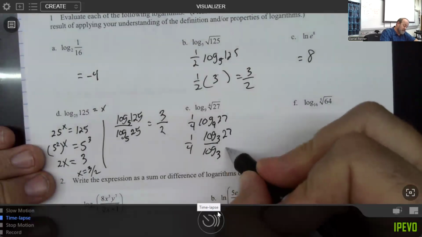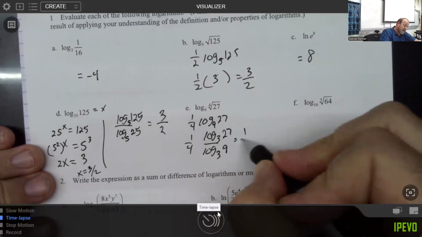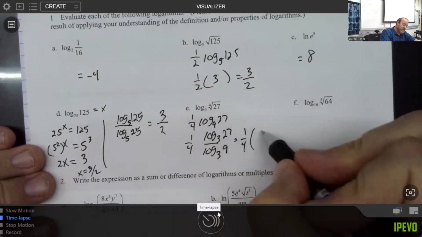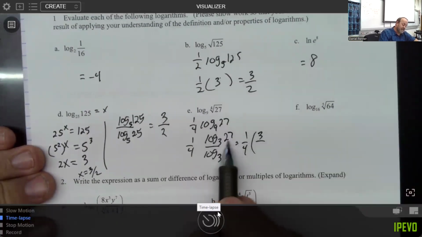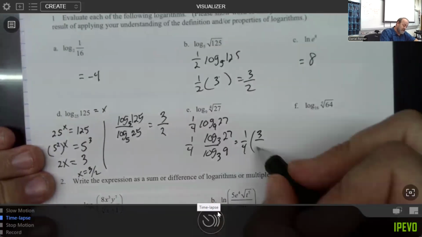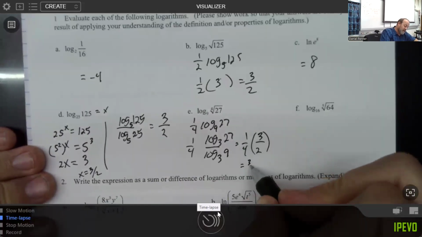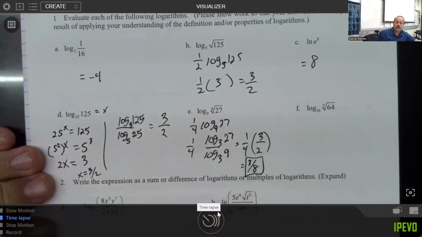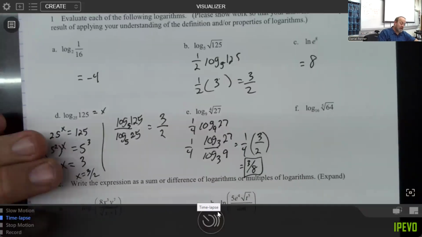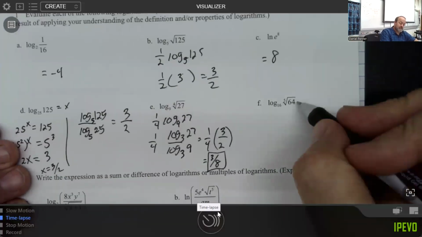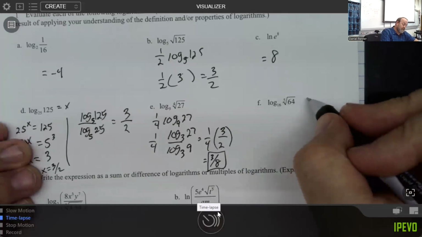I put my original base on the bottom. And 3 to the third power is 27, and 3 to the second power is 9. And so that's going to leave me with an answer of 3/8. Good to go.